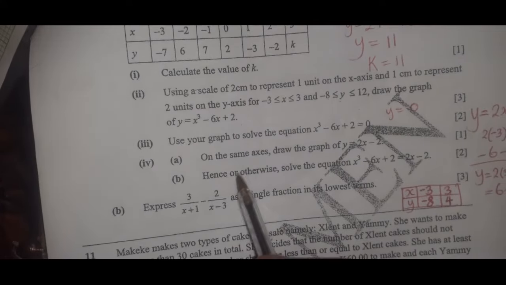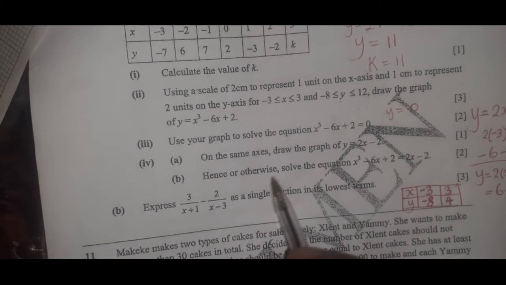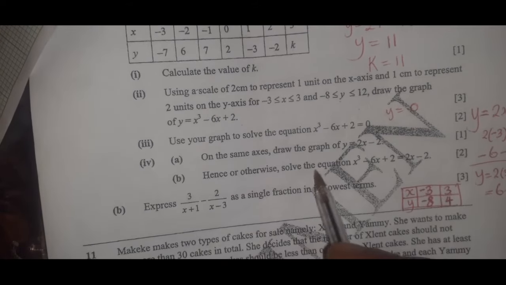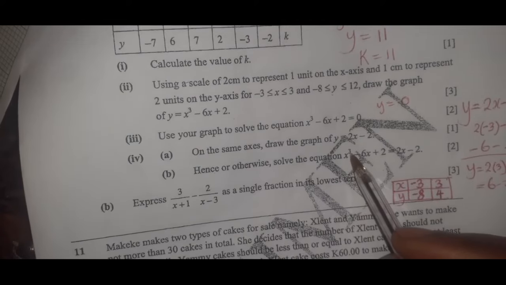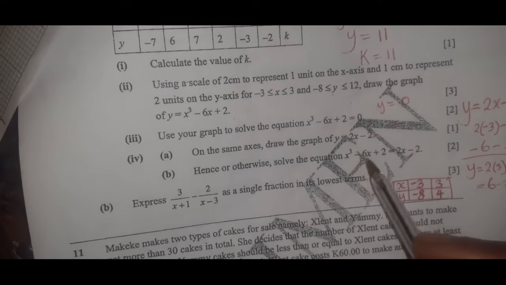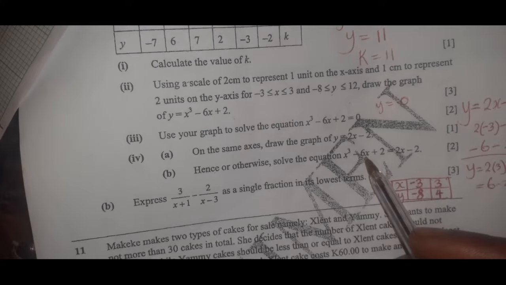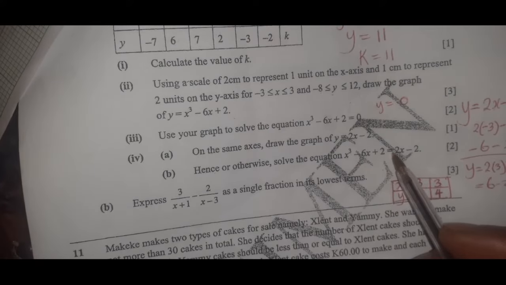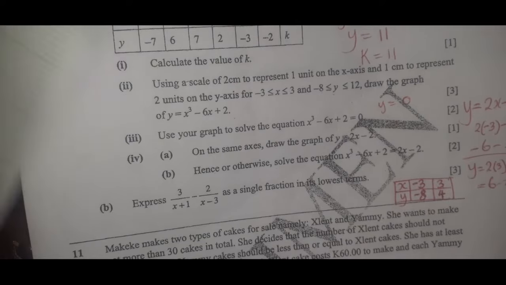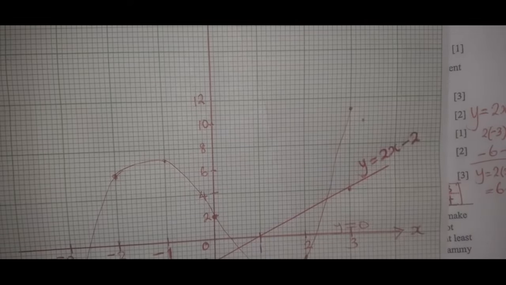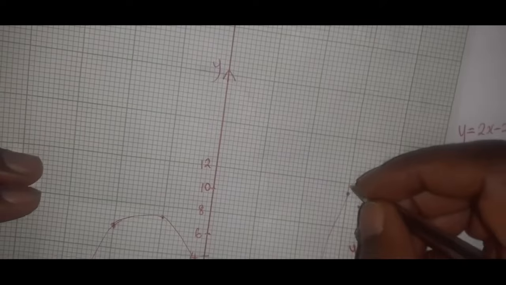Then now we have: hence or otherwise solve the equation x cubed minus 6x plus 2 is equal to 2x minus 2. So here we have got two equations.